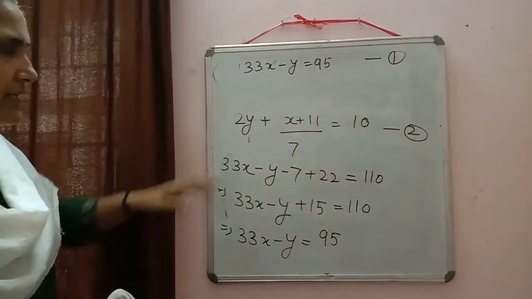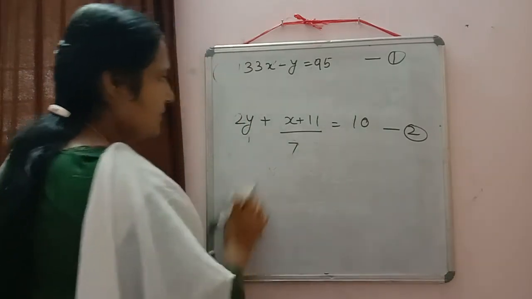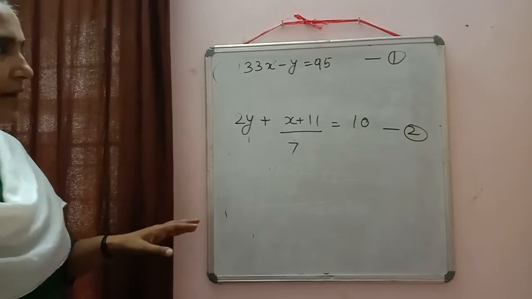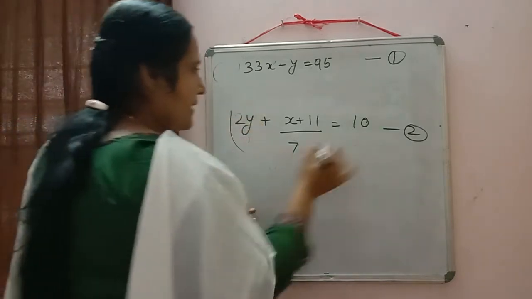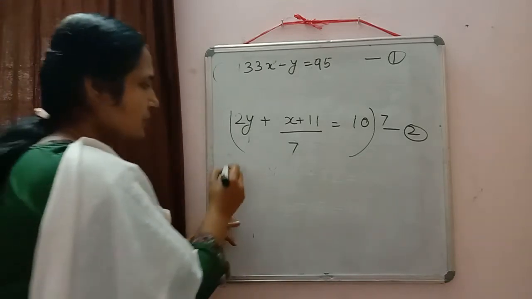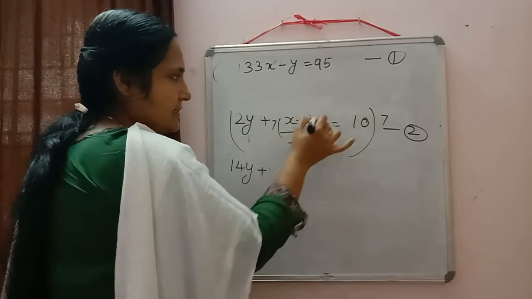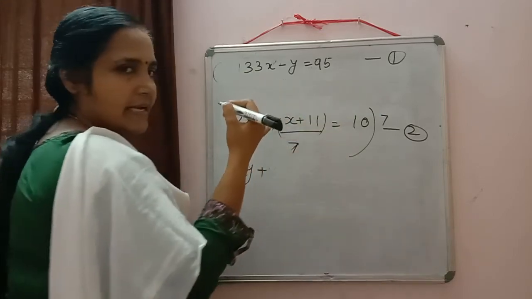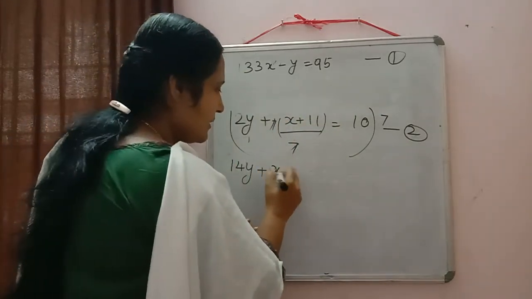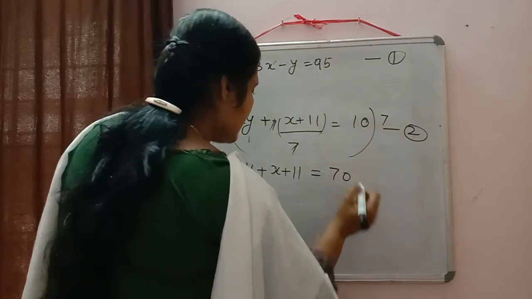Now in the same way we'll simplify the second equation also. In the second equation, by which number we will multiply? Yes, we will multiply it by 7. So it will be equal to 7 into 2, 14y, plus if we multiply it by 7, 7 and 7 will get cancelled. Remaining, it will be equal to x plus 11 is equal to 70.